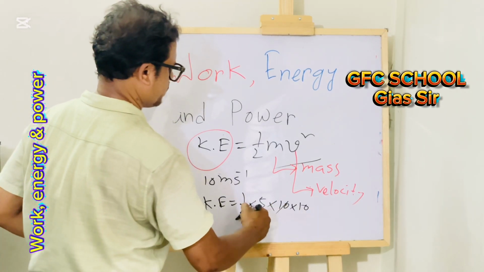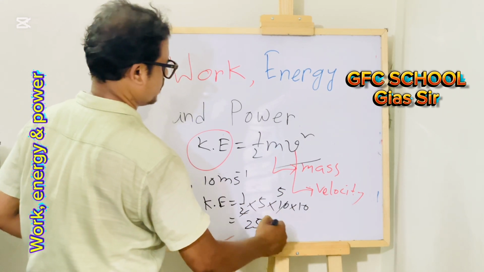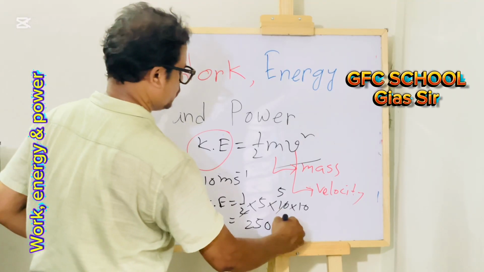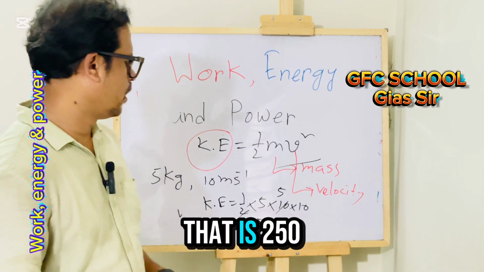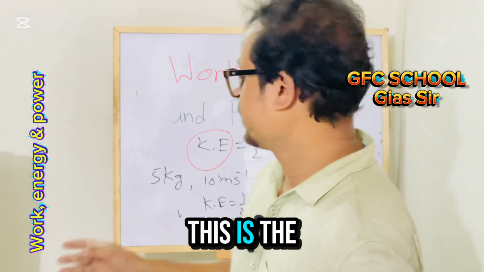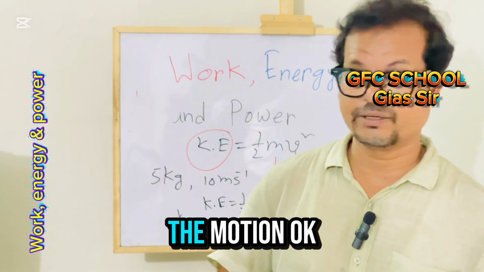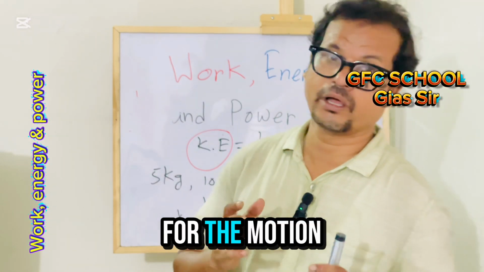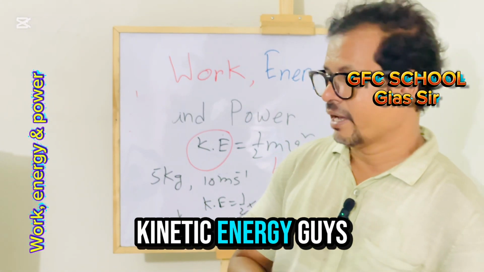Okay, that is 5 times 50, 250 joule. Yes, 5 times 50, that means 250 joule. This is the kinetic energy of the object, and we get kinetic energy in motion. Okay, for the motion of an object, we normally get kinetic energy.